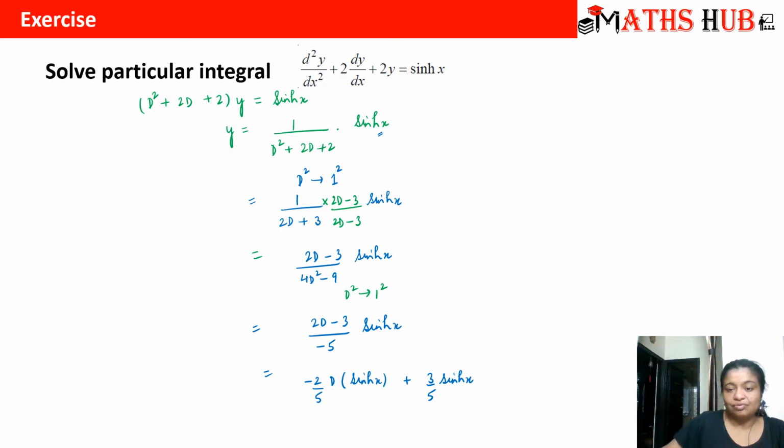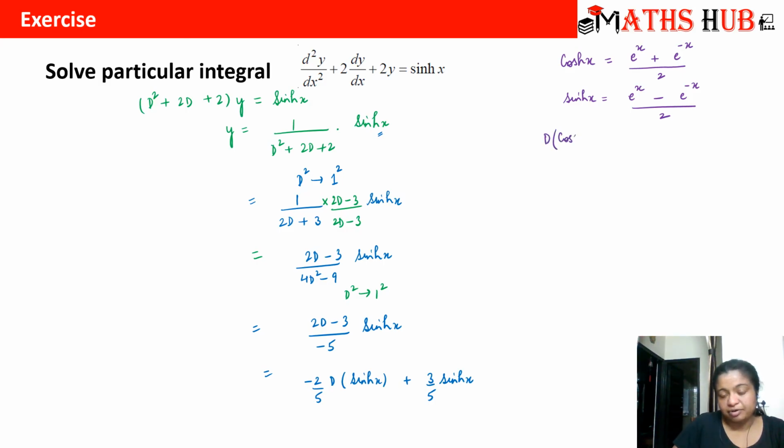Those of you who have confusion in this topic of hyperbolic functions: what is cos hyperbolic x? It is e to the power x plus e to the power minus x divided by 2. And what is sine hyperbolic x? Sine hyperbolic x is e to the power x minus e to the power minus x divided by 2. Now what about their derivatives?